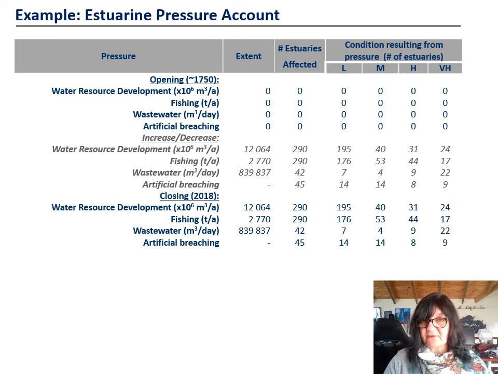So in this case, for argument's sake, we've indicated here the volume of water that's currently being extracted from estuaries. Most estuaries are experiencing some sort of development pressure, but at the same time also reflecting that most estuaries aren't under severe pressure in this category.